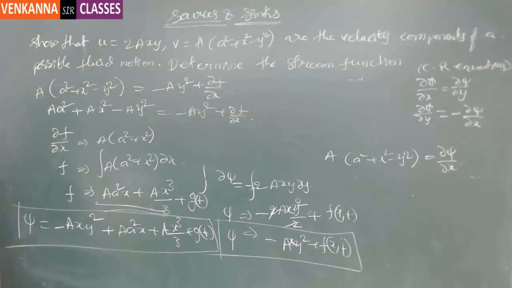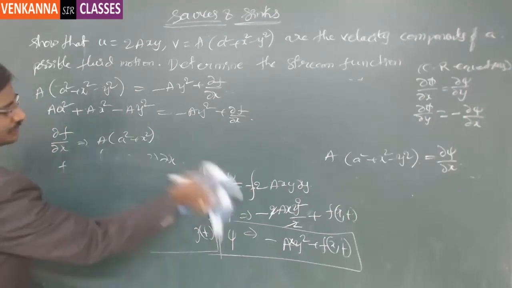Got it? I hope everybody got it right. So this is simply with the help of complex analysis, we are trying to find out the stream function. But the potential function was given in terms of velocity components. That's the only difference. Indirectly, the potential is given and we found the stream function.